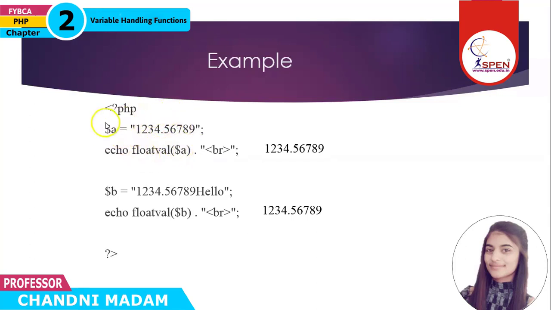Here the $a data type is string, so we convert the string to a float value. Next, $b equal to 1234.56789 and last hello. So it converts $b to a float. In that case, floatval ignores the extra characters and only returns the float value.